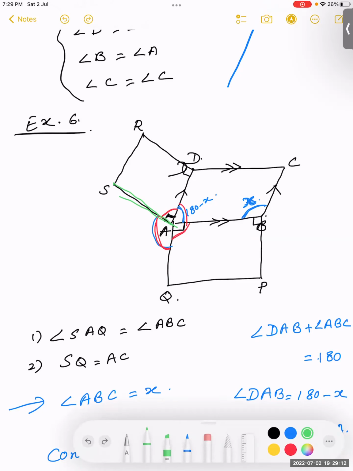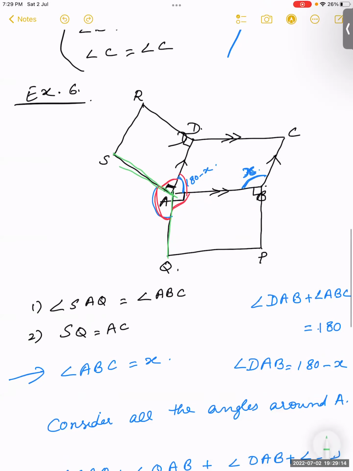What is the side they were talking about? SQ. Anyway, we don't have a connection, so you have to connect them, making it triangle SAQ or SQA, whatever. You have to see what all are matching and create a match. The order we will decide at the end, but at the moment you identify the triangle.